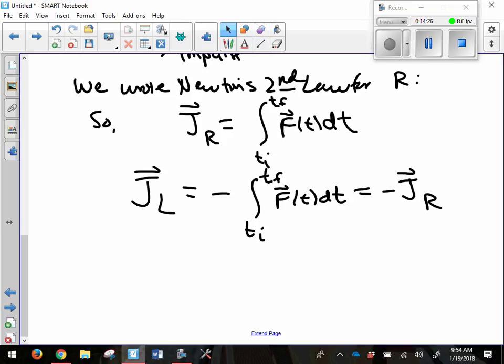So remember, R and L are my two objects that are colliding, and so their impulses are going to be the negative of each other. Okay, makes sense? With me?